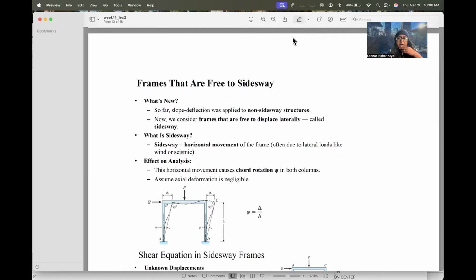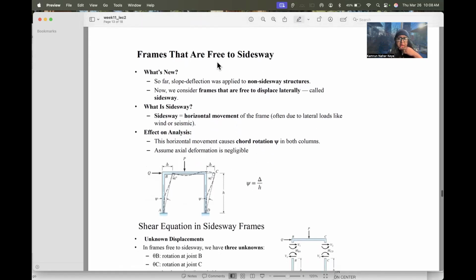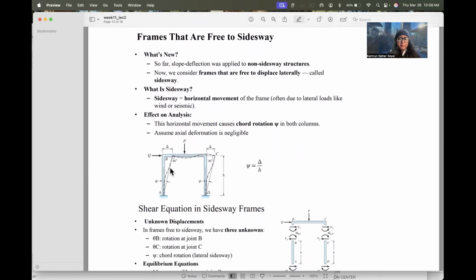So here we need to know about frames that are free to sway. So what is that? Let's suppose we have a frame like this. You saw it before. And now we are not only applying a vertical force, we are also going to apply a horizontal force.